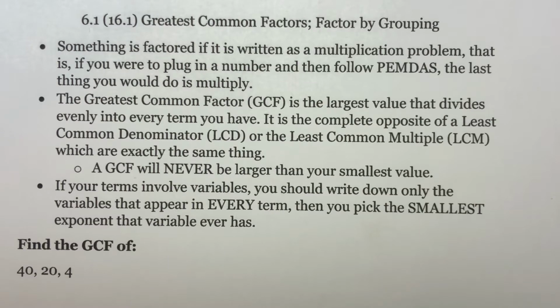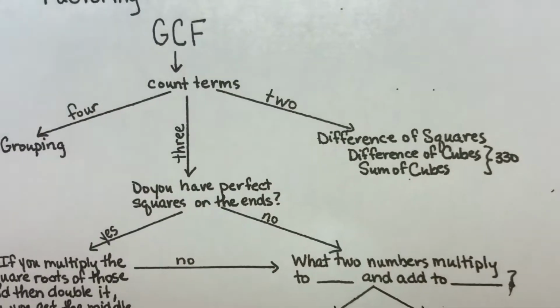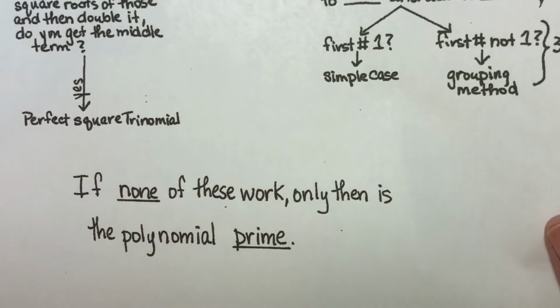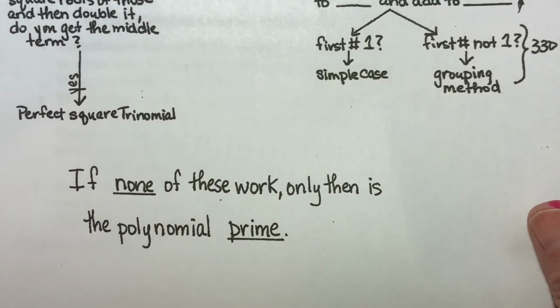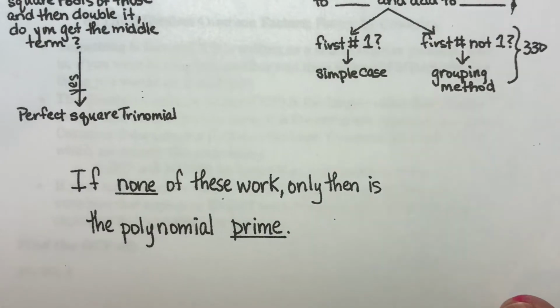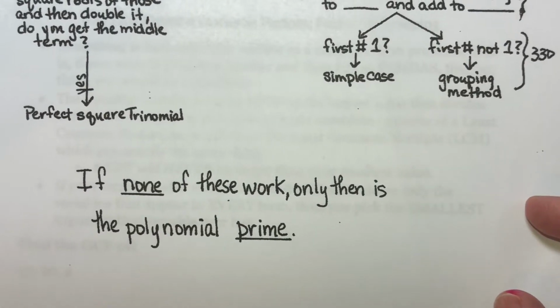What I would like for you to do is in my math lab, under your blank notes, you have a factoring guide. One of them looks like this, and it is obviously handwritten, and this works for both Math 320, which is what you are in, and Math 330, Intermediate Algebra.